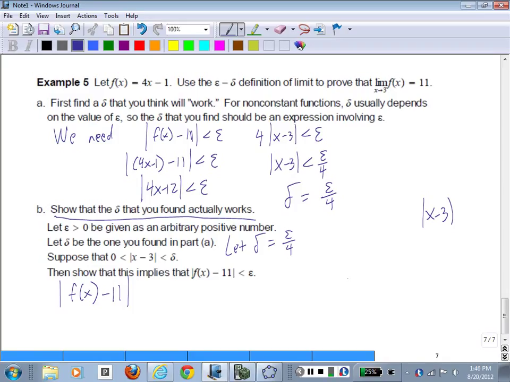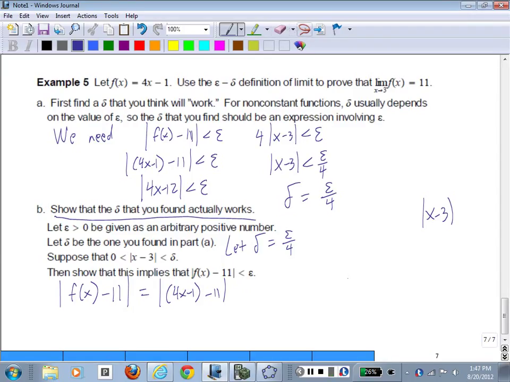So here goes. This equals the absolute value of 4x minus 1 minus 11. And if I had more space, I would work my way down the page.